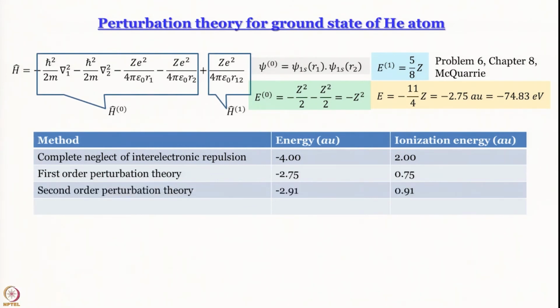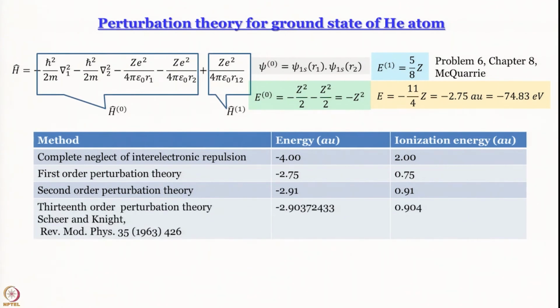If we do second order perturbation theory treatment, then the energy we get is minus 2.91 atomic unit. If we keep on going, then I will just show you the 13th order perturbation theory result. This is by Schwartz and Knight, published in 1963. Here we get, and now see what I was talking about, you have to go to a lot of decimal places if you want to work with atomic units.